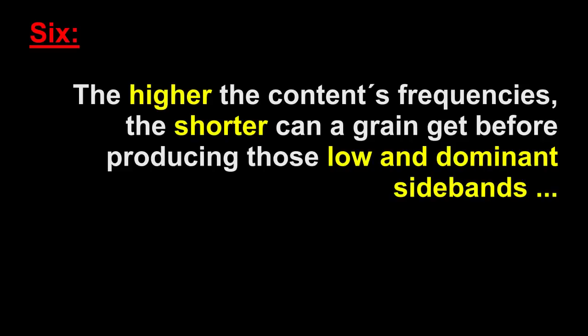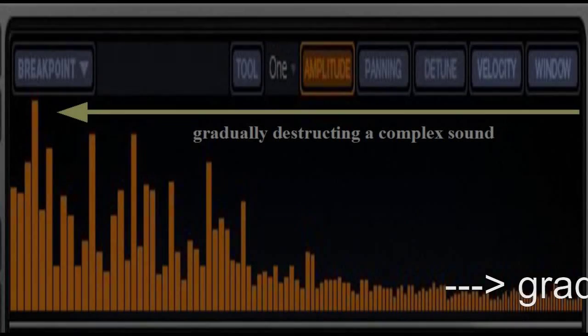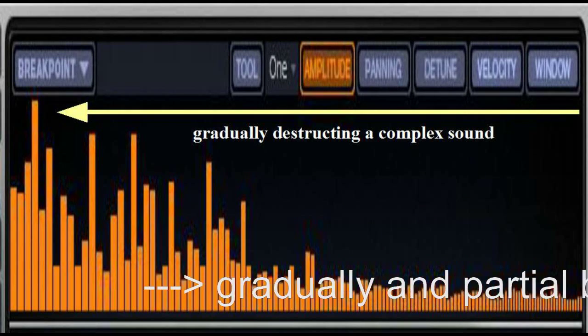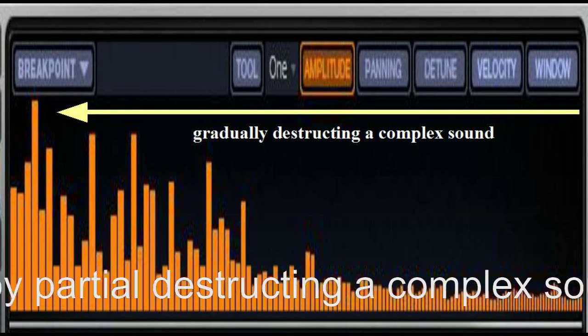And the last thing: the higher the content's frequency, the shorter a grain can be before producing those dominant low sidebands. This, and the last mentioned number 5, work for each individual partial of the original content's spectrum individually, so that with a complex sound in the grain, this sound gets gradually destructed when decreasing the length of the grains.